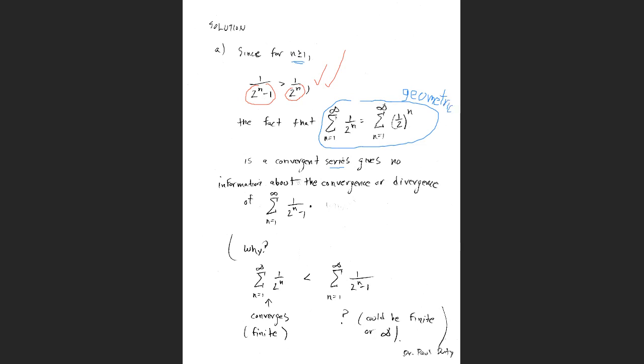But we have a problem. The fact that this series converges does not give us any information about the convergence of the series we're interested in. Why would that be? I mean, why would that be for this problem?